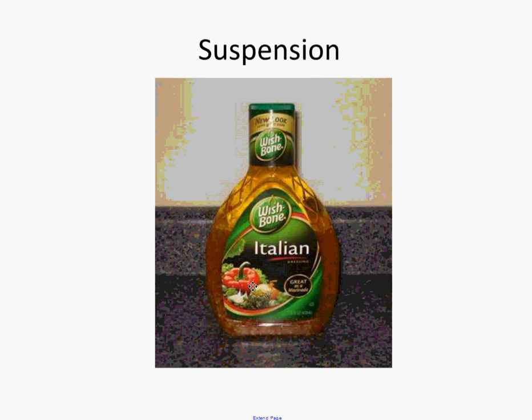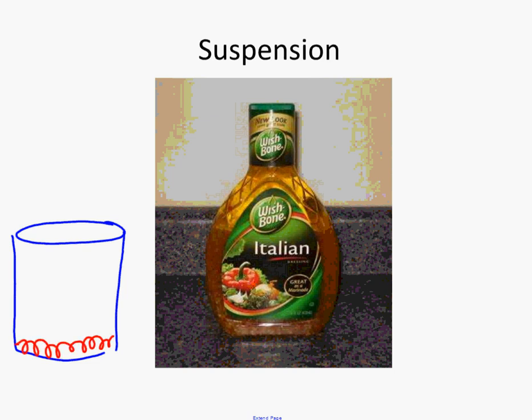If you sit the Italian dressing on the counter, or on the shelf at Walmart, let's just pretend this is a jar of Italian dressing, you're going to have all the floaty stuff at the bottom, and then a layer of vinegar or oil, and then another layer.